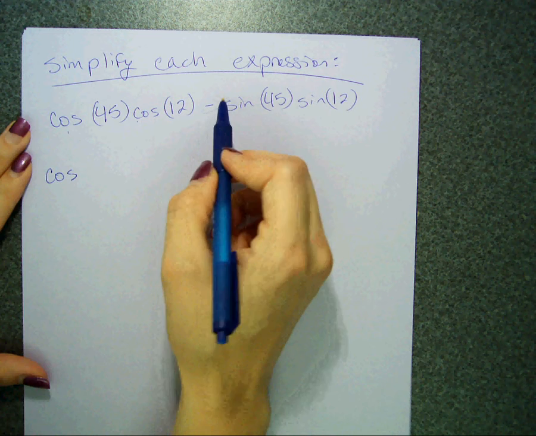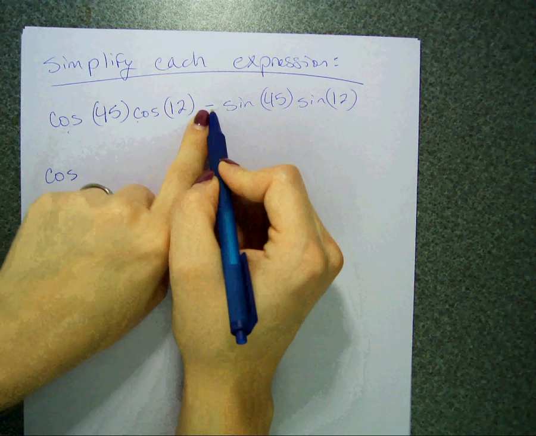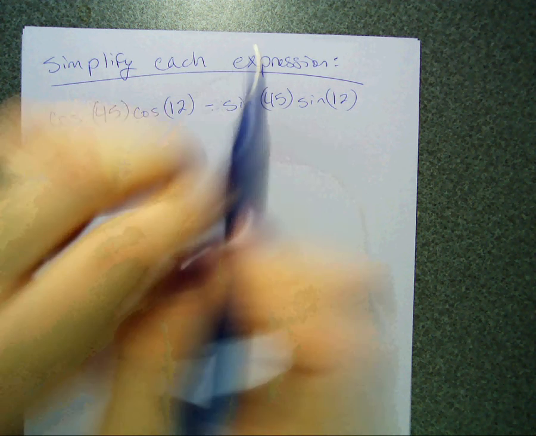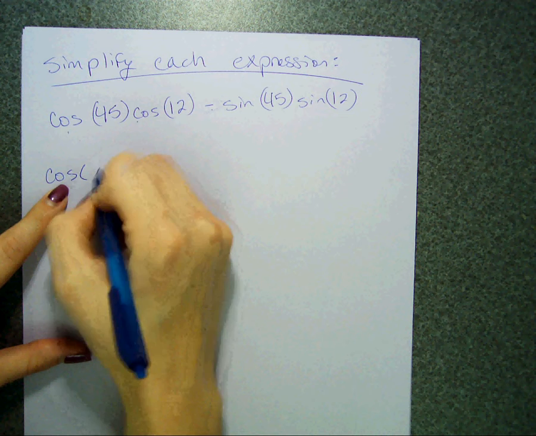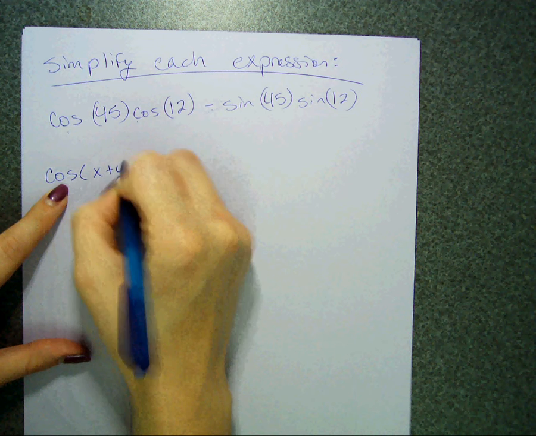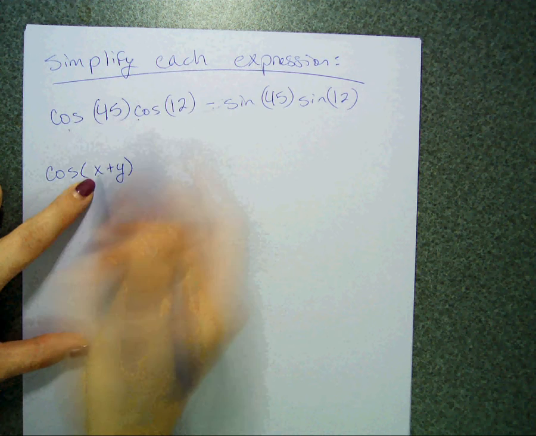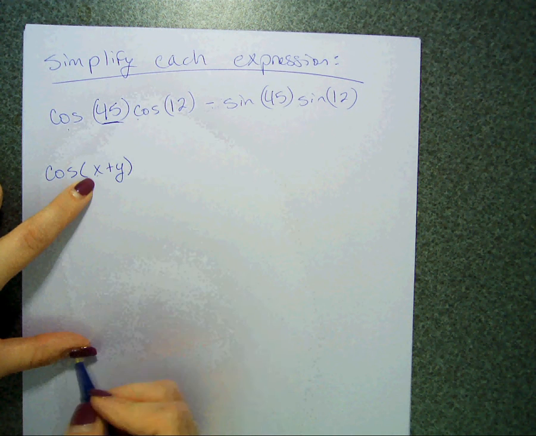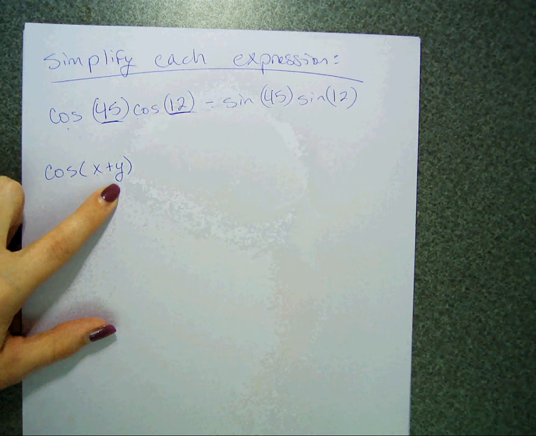So remember, cosine changes. If I have subtraction on the outside, that means that originally I had addition. So this should be cosine of x plus y is the identity that I'm using. X in this case is 45, and y in this case would be 12.